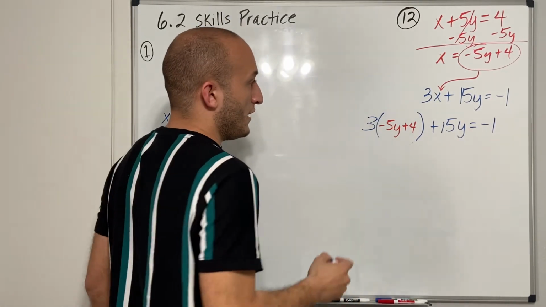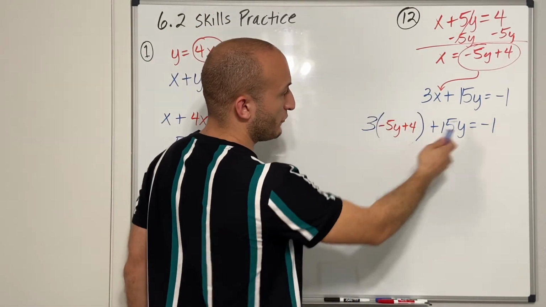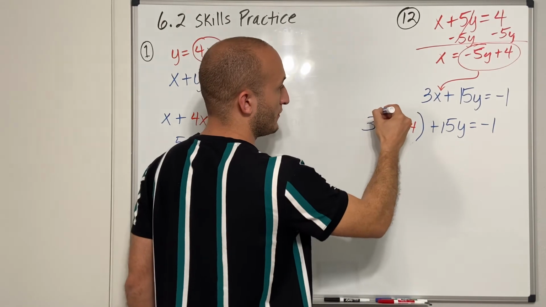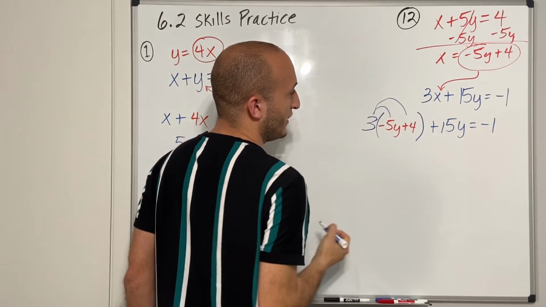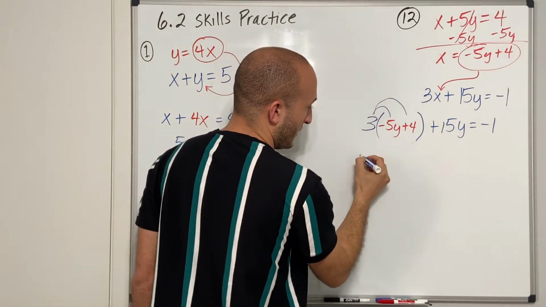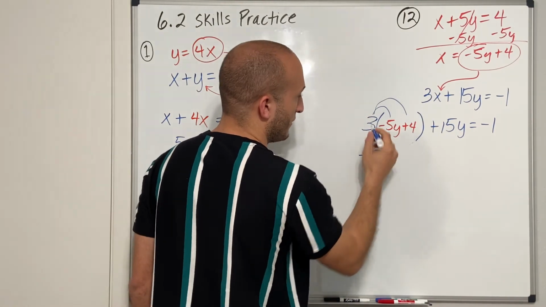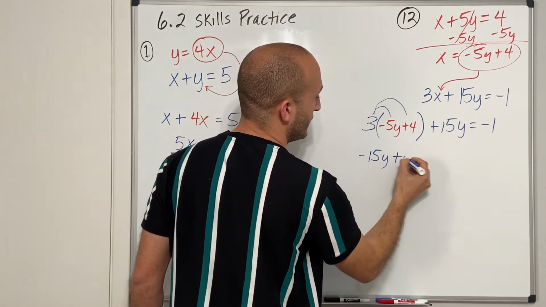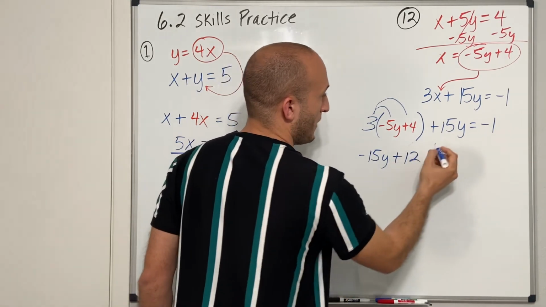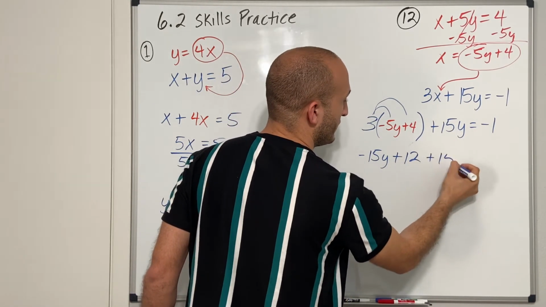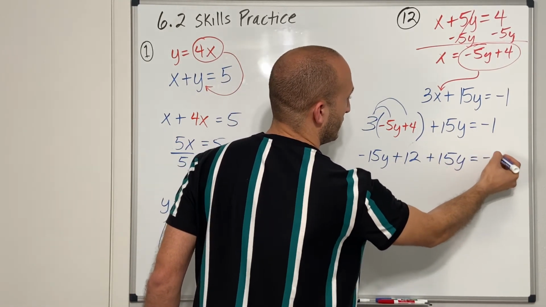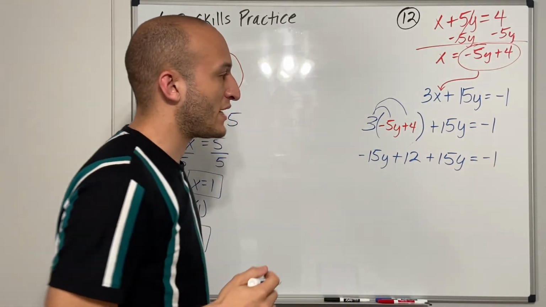Okay, I'm going to distribute this 3. So now that we have it substituted in, I'm going to distribute this 3 and say it's going to be negative 15y, 3 times 4 is 12, plus 15y equals negative 1.